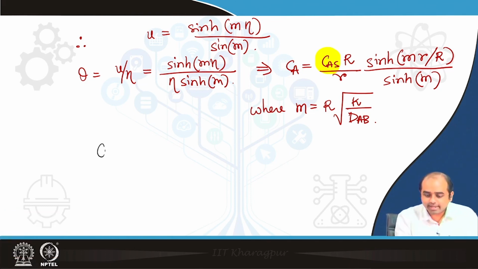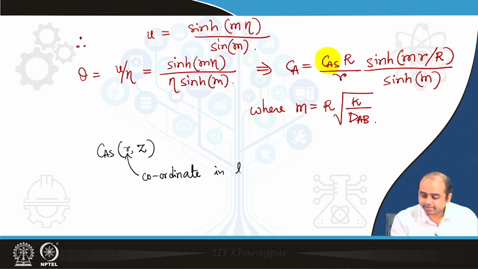So, the CAS is a function of both r and z, and this r is the radial coordinate in the packed bed, right. This is not inside the particle.